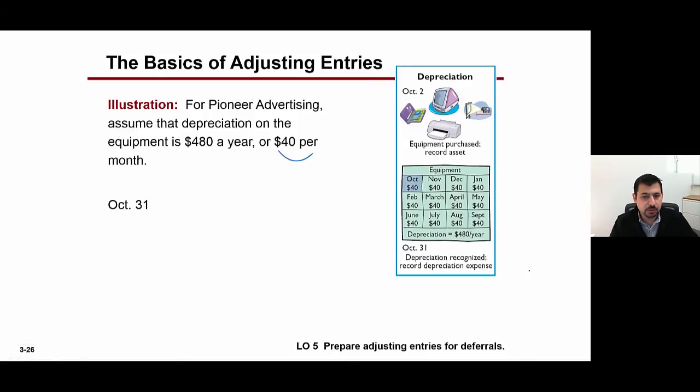So what's happening is that every month, this amount, the depreciation that we recognize, will be recorded as depreciation expense. This will be recorded as a debit to depreciation expense, $40, and then we credit accumulated depreciation.